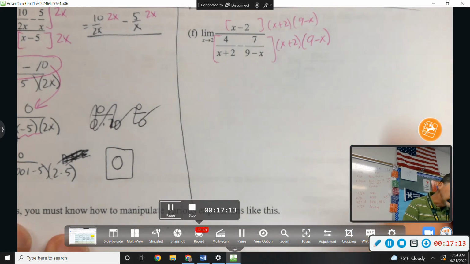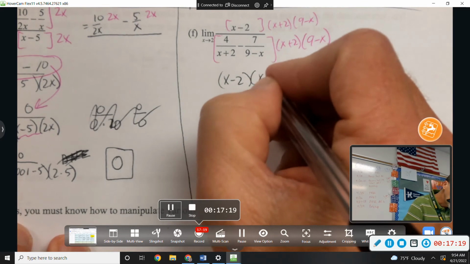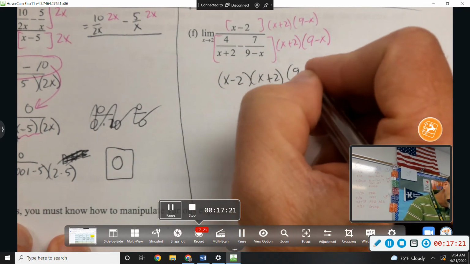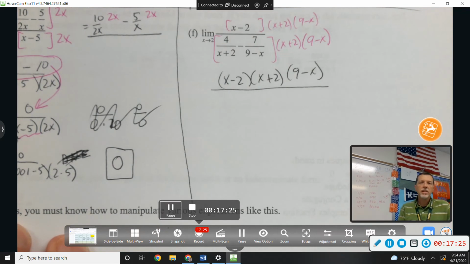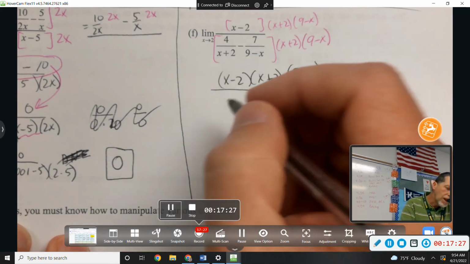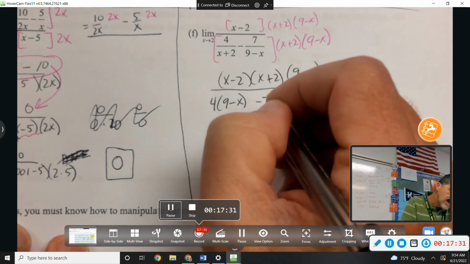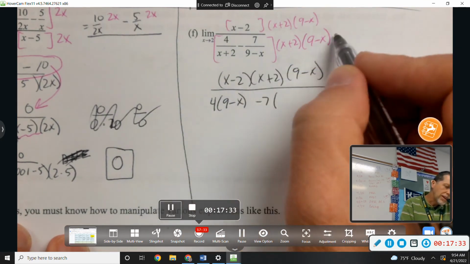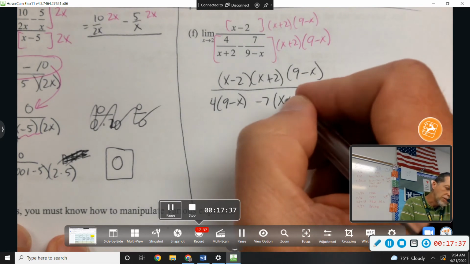And it looks like we should leave the top factored on this one, and then worry about cleanup on the bottom. So the x plus 2's cancel. That leaves 4 times 9 minus x. The 9 minus x's cancel. That leaves negative 7 times x plus 2.